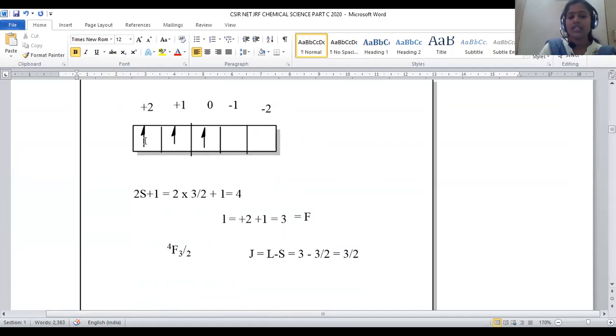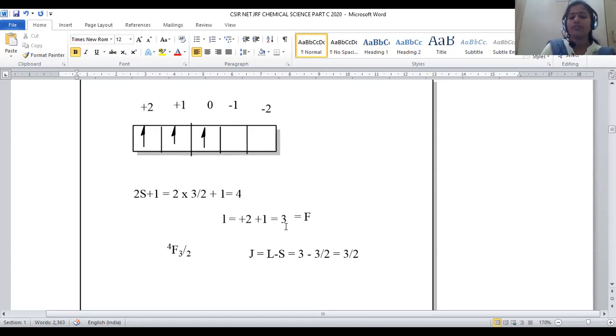Three unpaired electrons will be there, occupied in accordance with Hund's principle. Total L value is +2, +1, 0, so L is equal to 3.